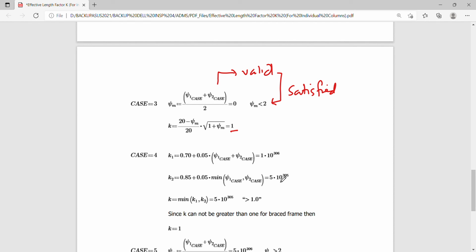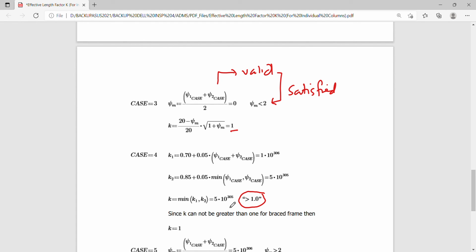Okay, so we get the minimum, but since the minimum are also very big numbers, we then apply the limitation such that your K for brace frame must not exceed 1.0.